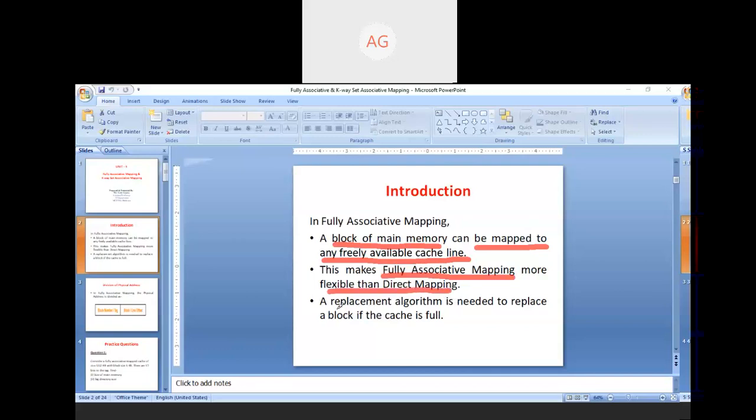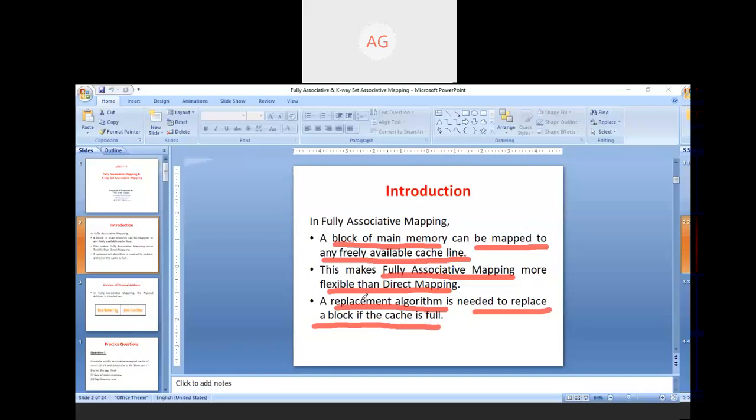Here a replacement algorithm is needed to replace a block if the cache is full. If the cache is full, then we need to replace one block from the cache memory and put another block from the main memory into the cache memory.